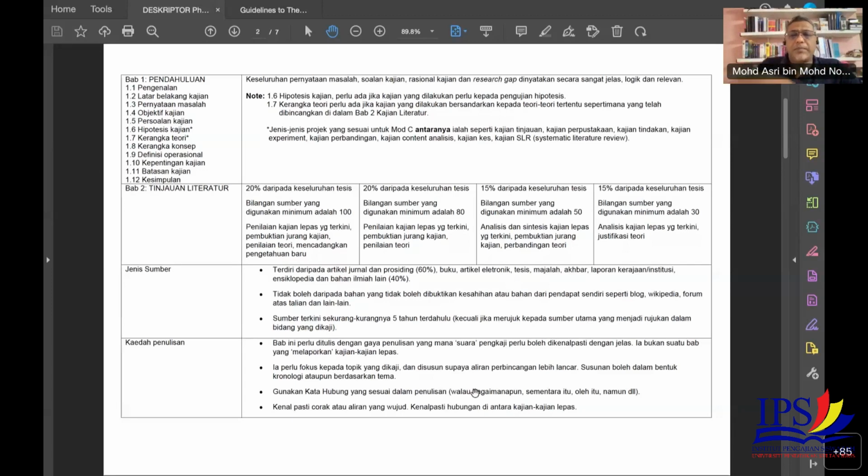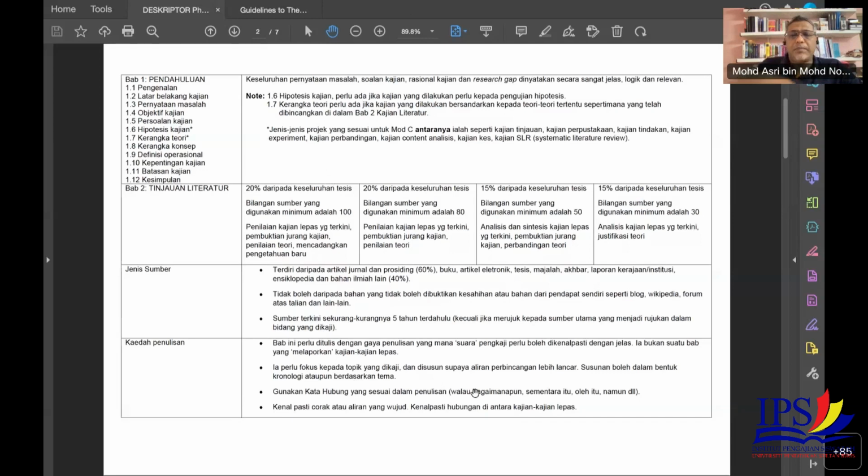So the rest is more like different ways of writing a chapter 2, how you should decide on how to organize or to structure the chapter 2. It depends.